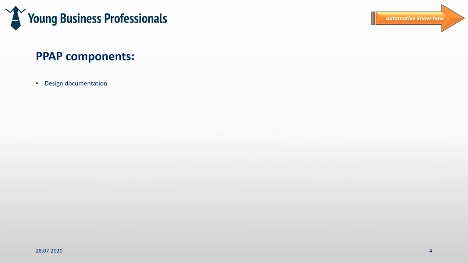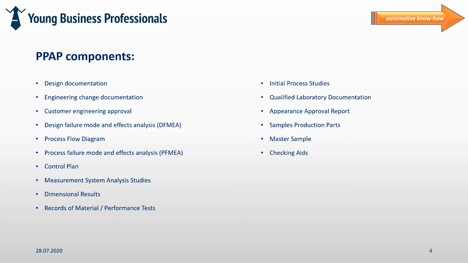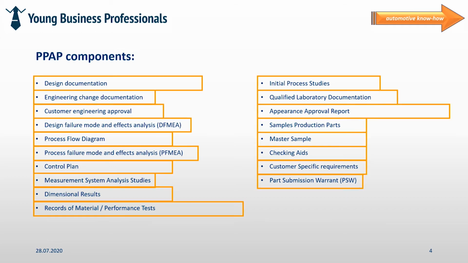On this slide, you can see the full PPAP scope that might theoretically be required by the customer. Now, framed in orange, I'm highlighting the mandatory components for a PPAP Level 5. And as you can see, all the ingredients are required.